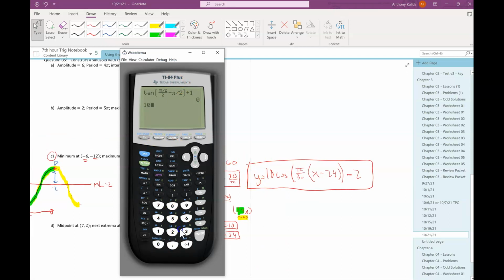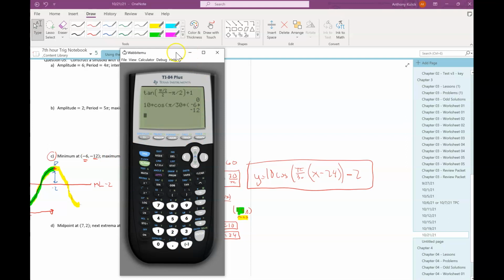So I do 10 times cosine of pi over 30 times parenthesis -6 minus 24, double close my parenthesis, minus 2, and that should be giving me the -12.